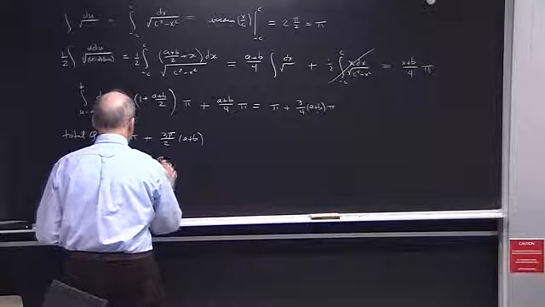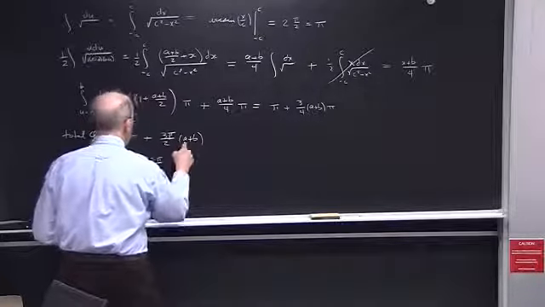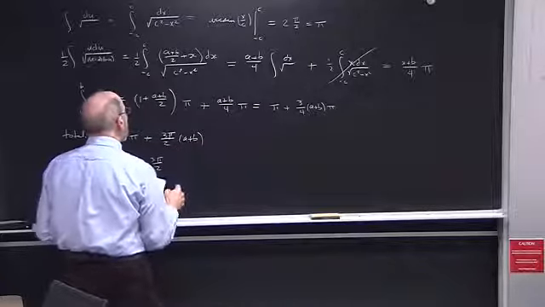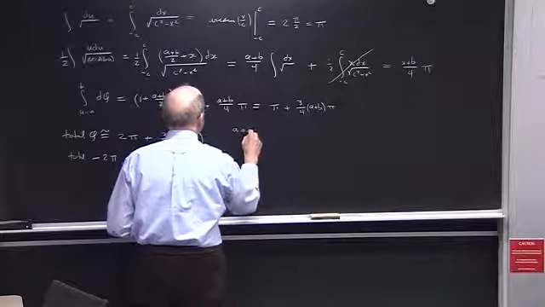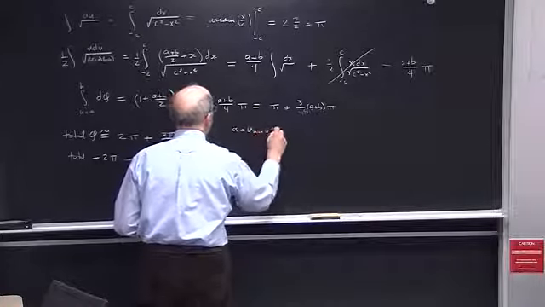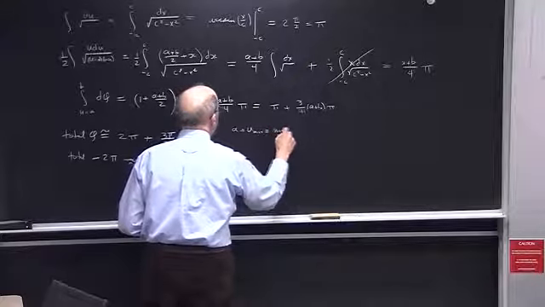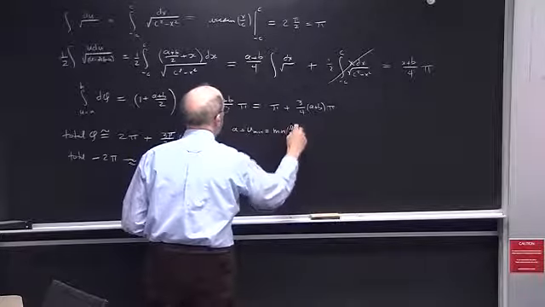Now I put back what a was. So a is now, remember, a is equal to u, the smallest u. So it's the smallest value of u, which is r naught over r.